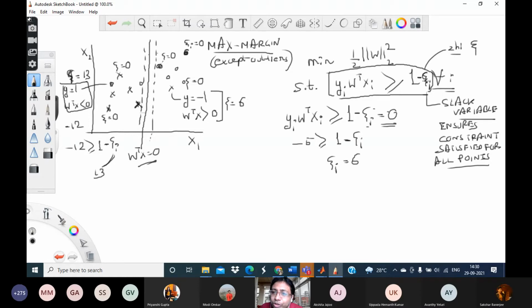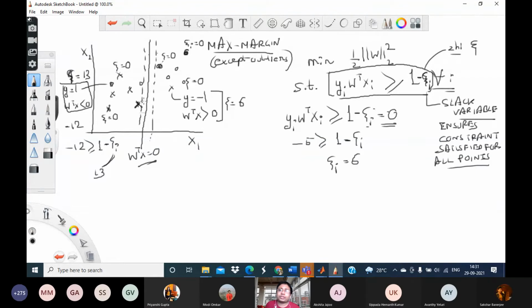So for most of the points xi i is equal to 0. That means to say this term does not exist. I am not even specifying at the outset for which points this xi will exist. It all depends on which w we choose.